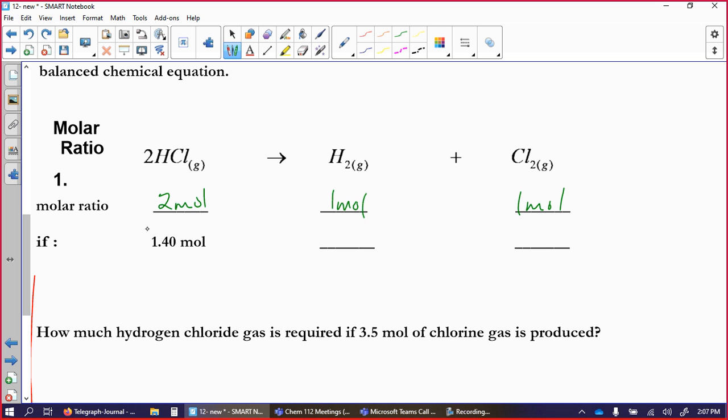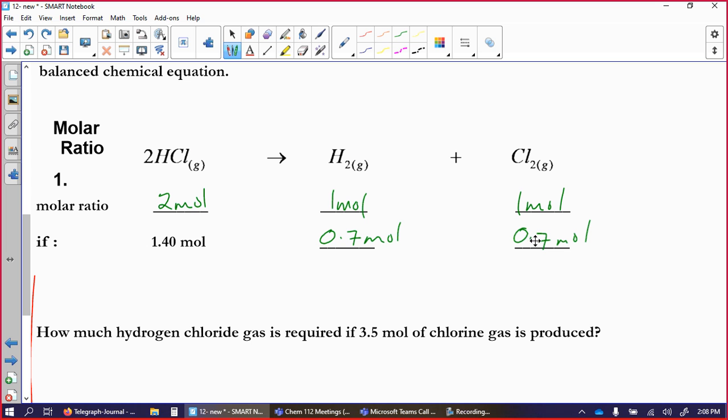So this is the same idea as what we just talked about. If 1.4 moles of hydrogen chloride decomposed, because it's 2 of this, we're cutting that in 2, so this is only going to be 0.7 moles, and this is only going to be 0.7 moles.